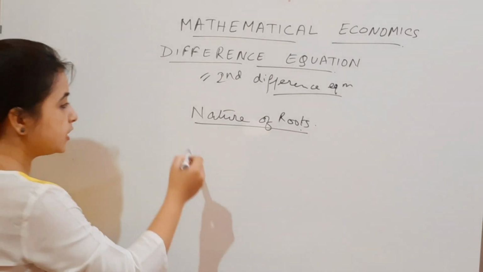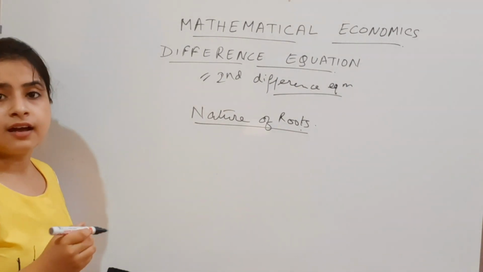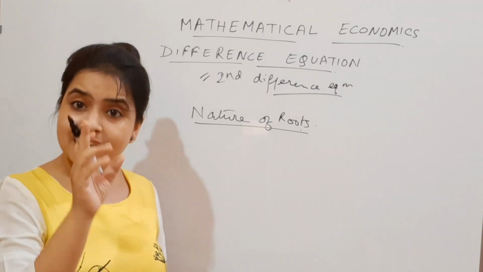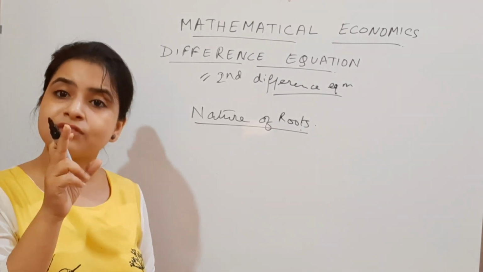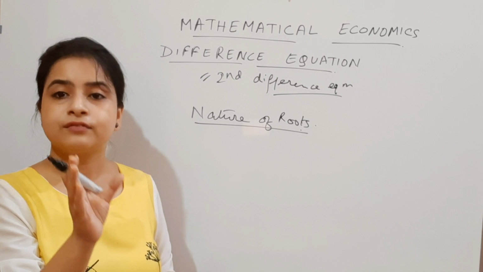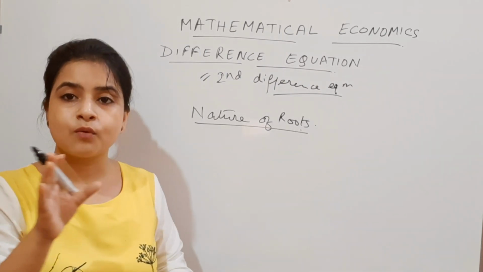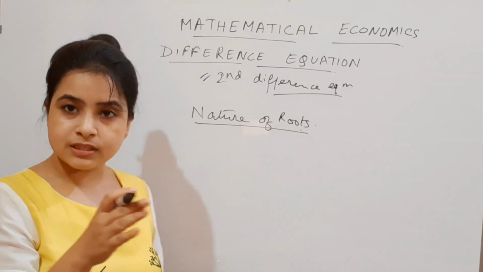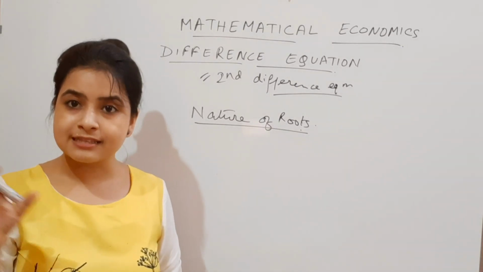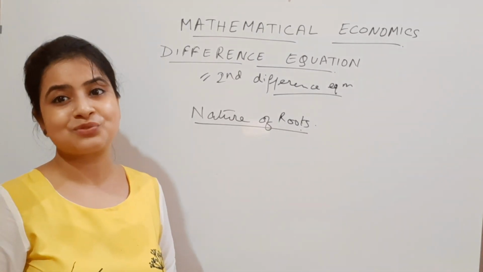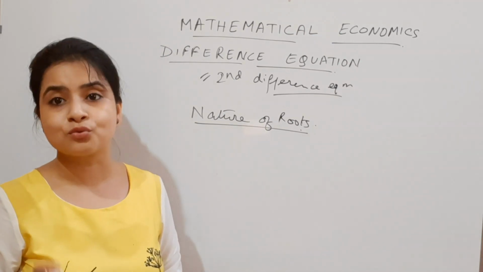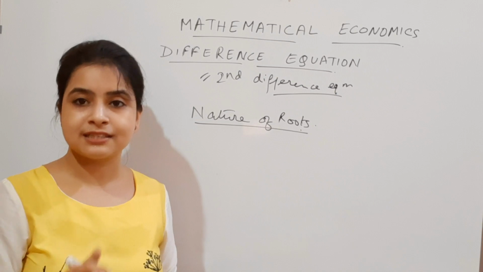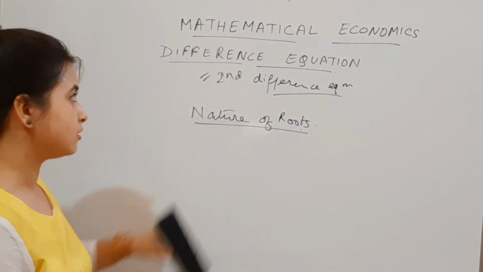Here we have to find the nature of the roots by Sridharacharya's formula, and under that formula, if the determinant part is greater than, equal to, or less than 0, we have three types of roots, and this is true for difference as well as differential equations of the second order.